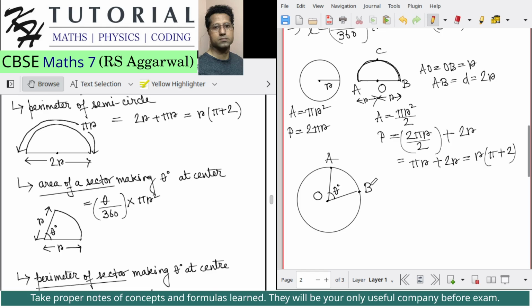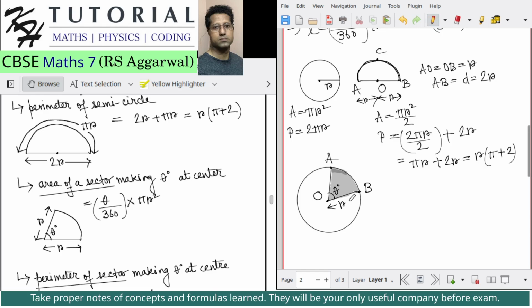So what is the sector? The sector is the figure. Let me highlight the sector by shading it with a color. So this part is the sector. So this is the sector of a circle of radius r.